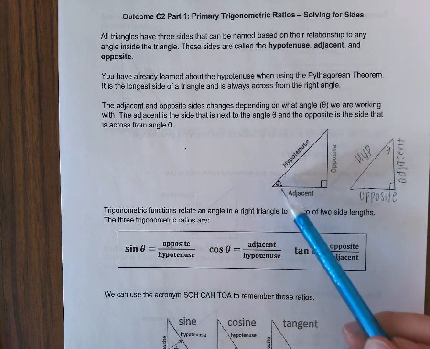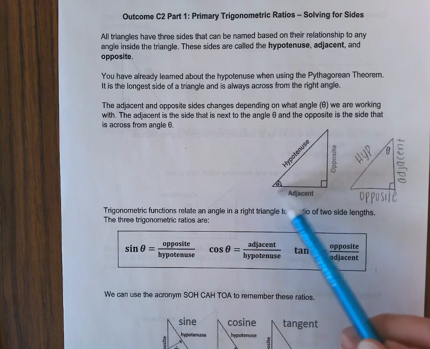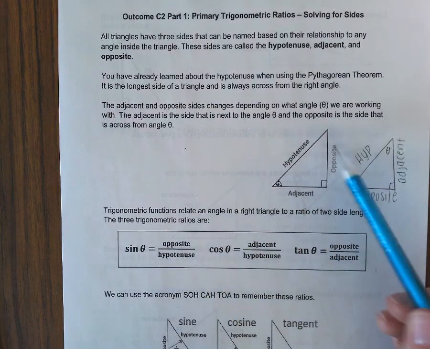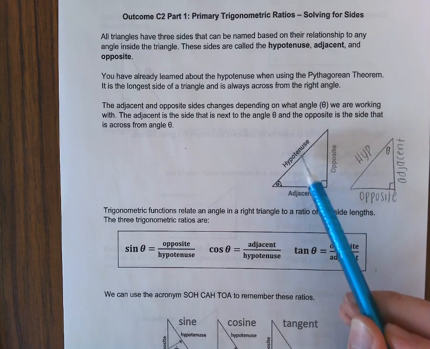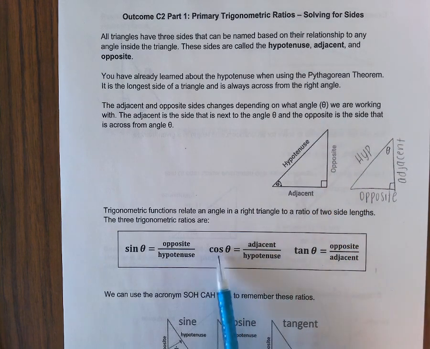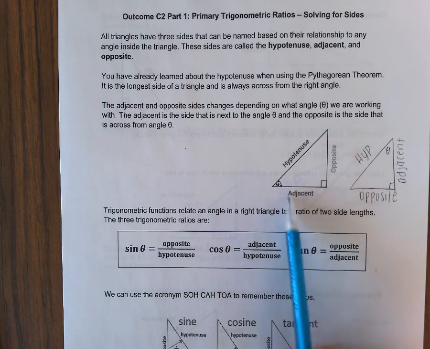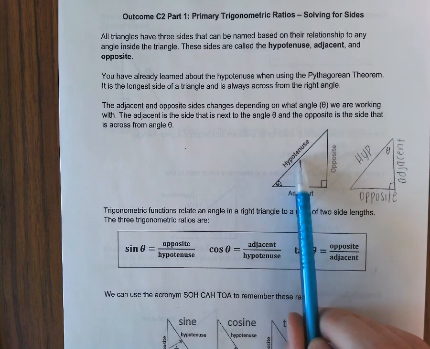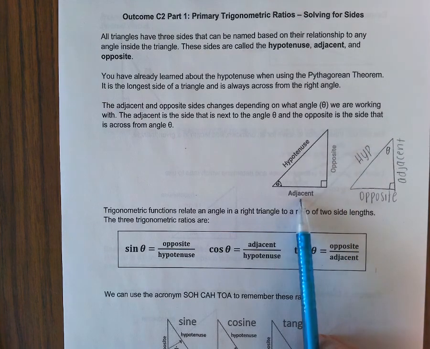So if I use sine of this angle, whatever this angle measures, it will be equal to this length divided by this length. Same for cosine. Cosine of this angle will be equal to this length divided by this length. And tan of the angle will be equal to the opposite divided by the adjacent.